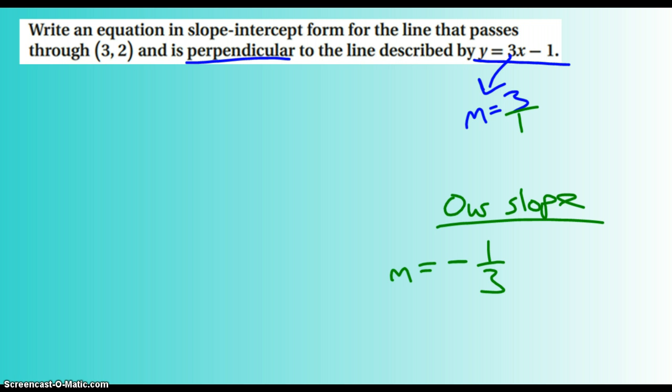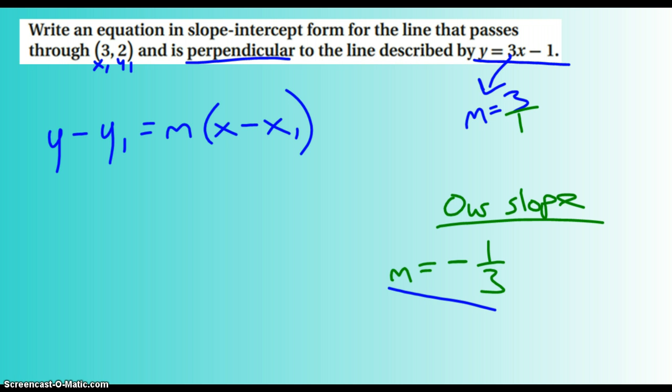Then we have a specific point that we can use, x1, y1, and I'm going to use point-slope form to come up with our equation. I'm going to take the slope that I need, because it's got to be perpendicular to this equation.